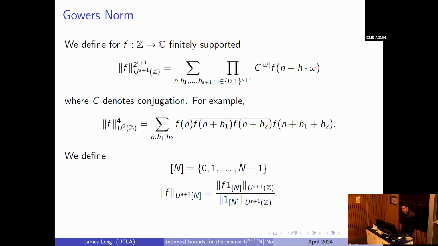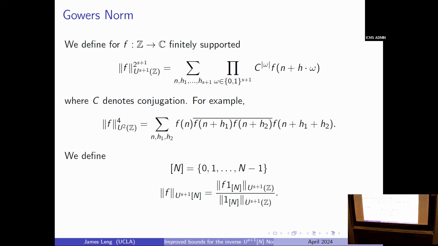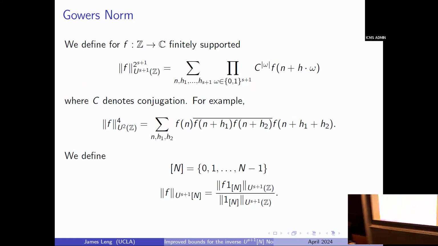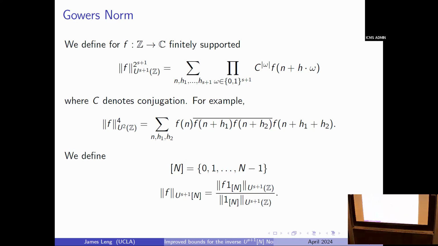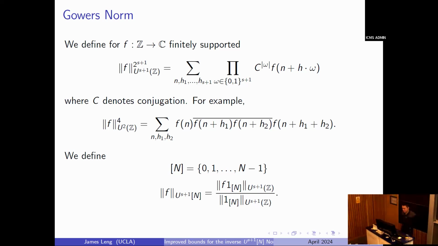So, just as a reminder, here's the definition of the Gowers norm. What you do is you take a finitely supported function over your group, which in this case is Z. You average it in a special way over these s+1 dimensional parallelepipeds.